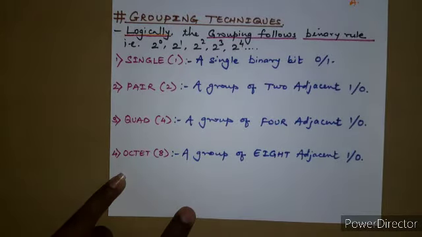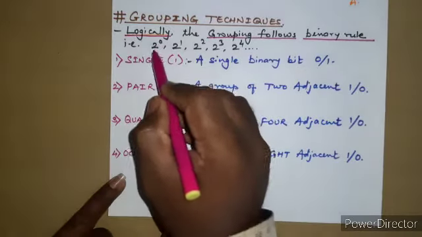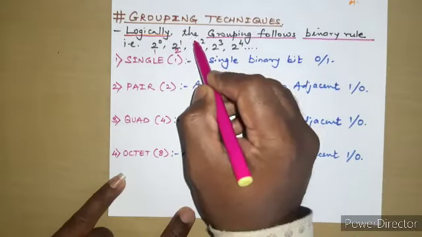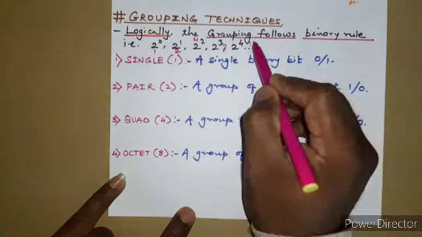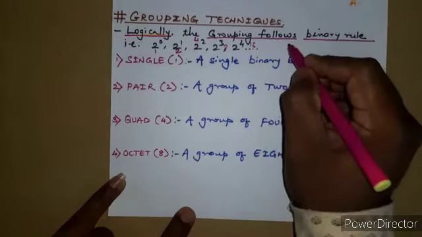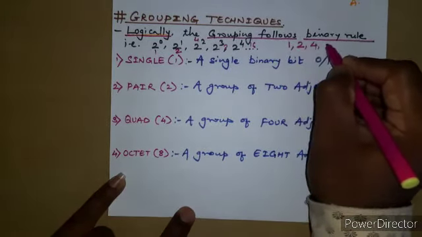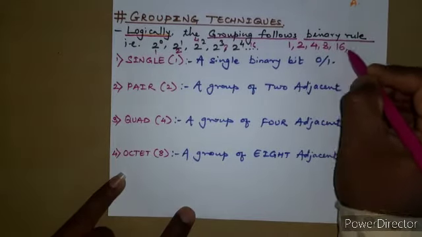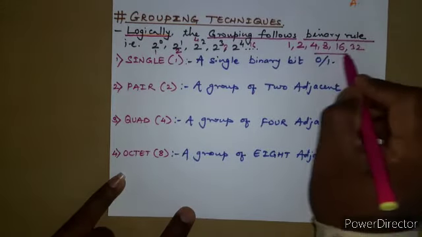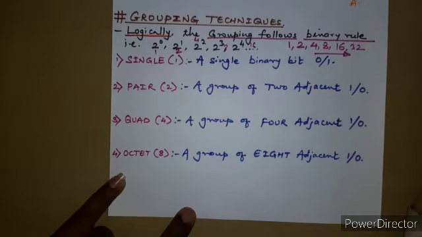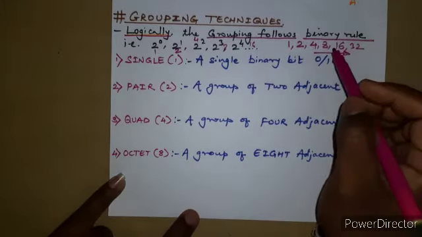Now we have seen in a binary number system 2 raised to 0 is 1, 2 raised to 1 is 2, 2 raised to 2 is 4, 8, 16. So our grouping takes place in a similar way: 1, 2, 4, 8, 16, 32. Now this increases as the number of input variables increases.